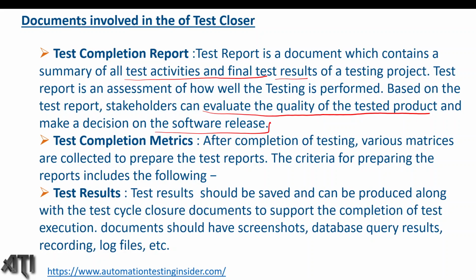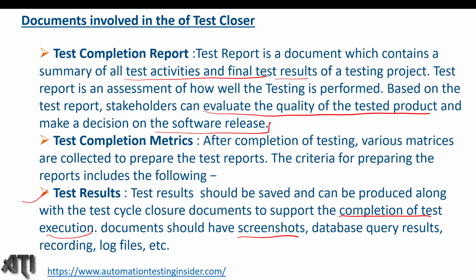Test results. This is very important. Test results should be saved and can be produced along with the test cycle closure documents to support the completion of test execution. The completion of test execution document should have screenshots. Screenshots are very important for evidence purposes. Let's say you come across a production issue and we have tested it successfully in our testing life cycle, and we have evidence of that as well.